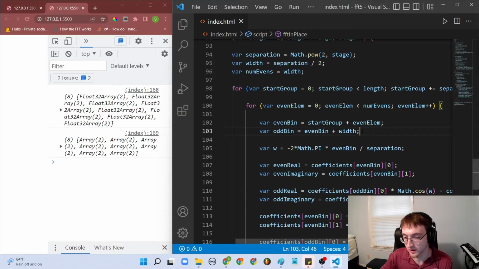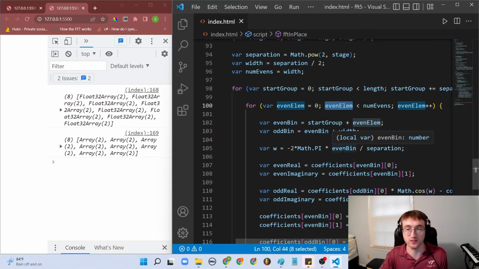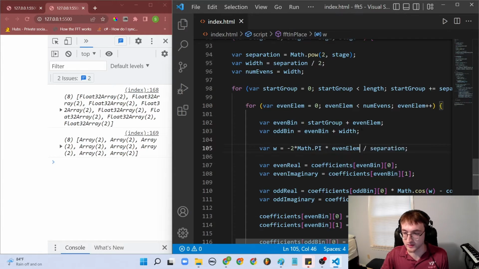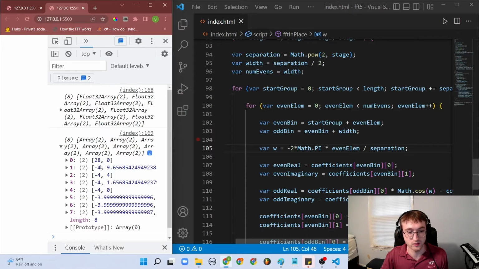That's why I was laughing. As you can see, this is just the bin. But check this out. We know that we want to sample based on our bin, but look what happens when I put in even lm instead of even bin. Nothing happens. It's a trick question.